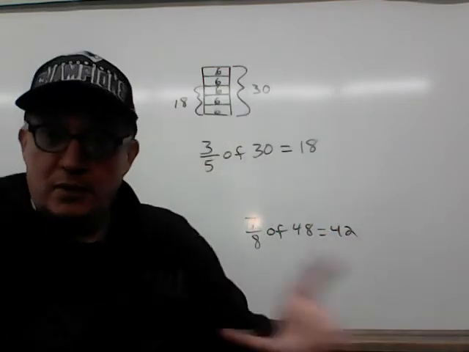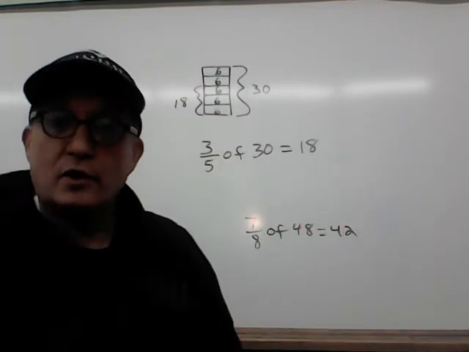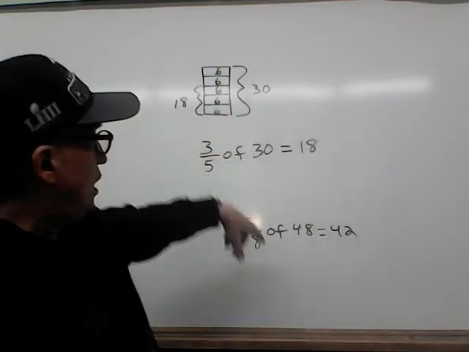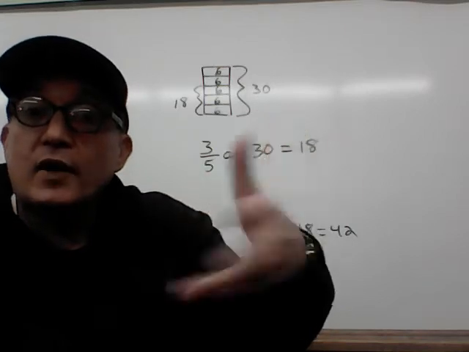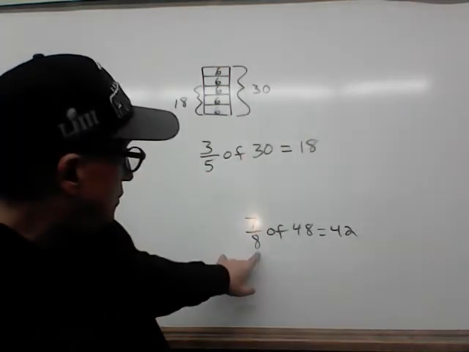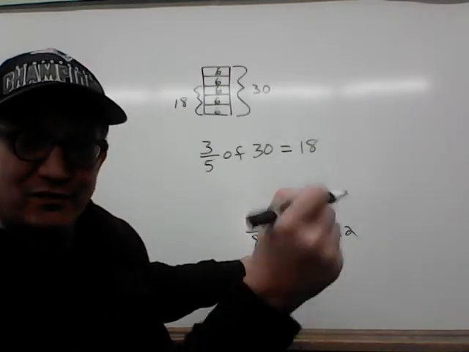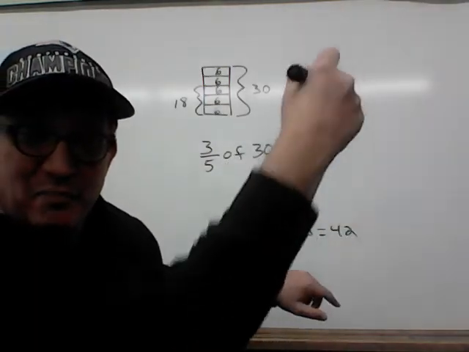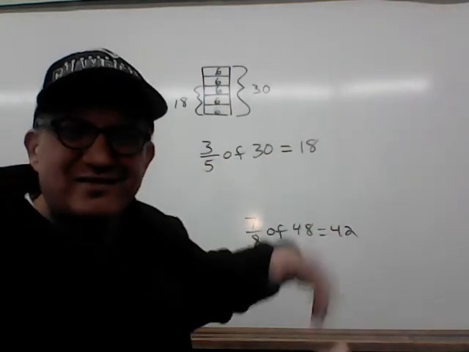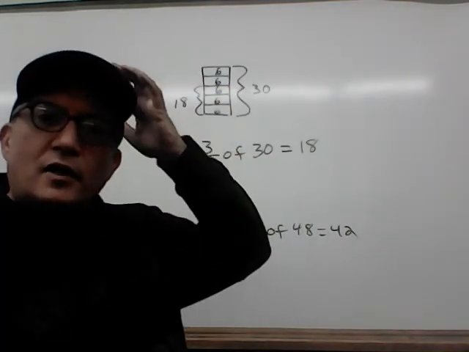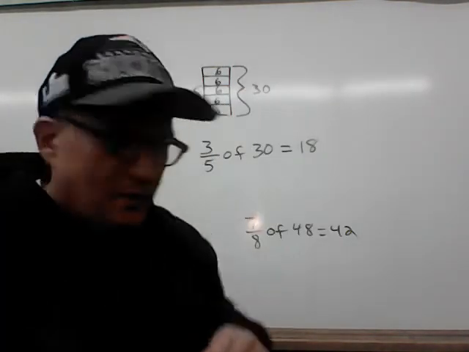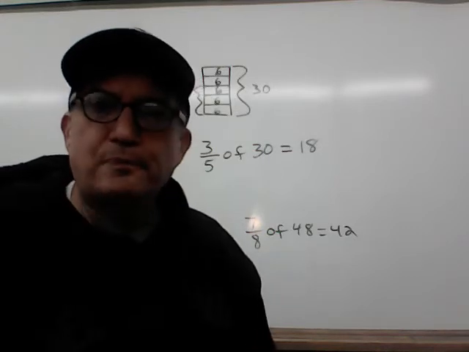Well, maybe you just did that along with me without the model, but see if you could make one of these rectangular models. The entire rectangle would be 48, and you'd have to divide the rectangle into how many equally sized pieces? Into 8. And then figure out what goes in each of those 8 boxes, and then take 7 of them. I practically just did it for you. But show me someday. Show me a rectangular model for 7/8 of 48 being 42.